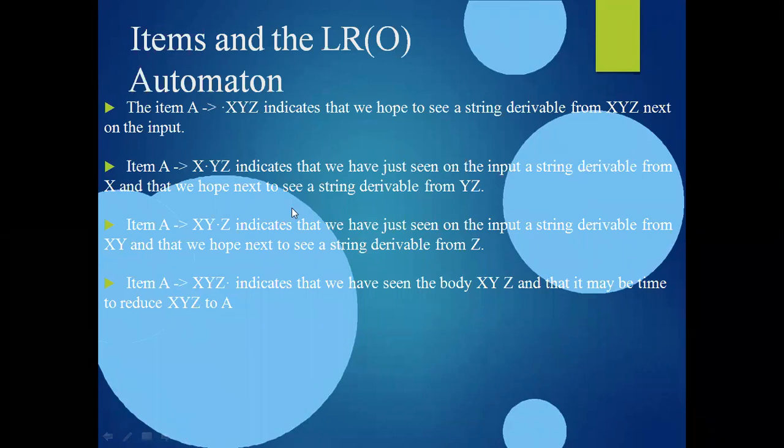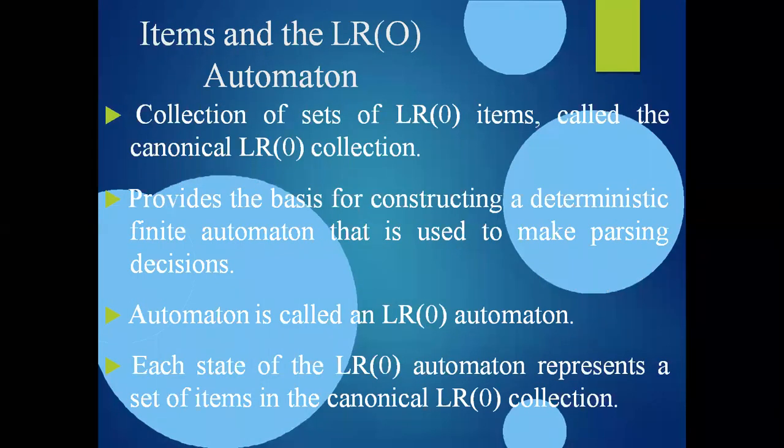For the working principle of bottom up parsing, we are computing such LR(0) items. We construct these LR(0) items by computing two functions. One is the closure function and the other one is the goto function. And here we have the other points for this.